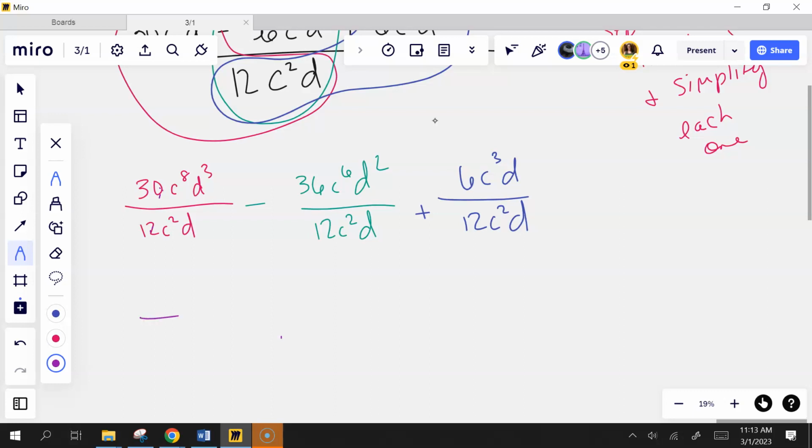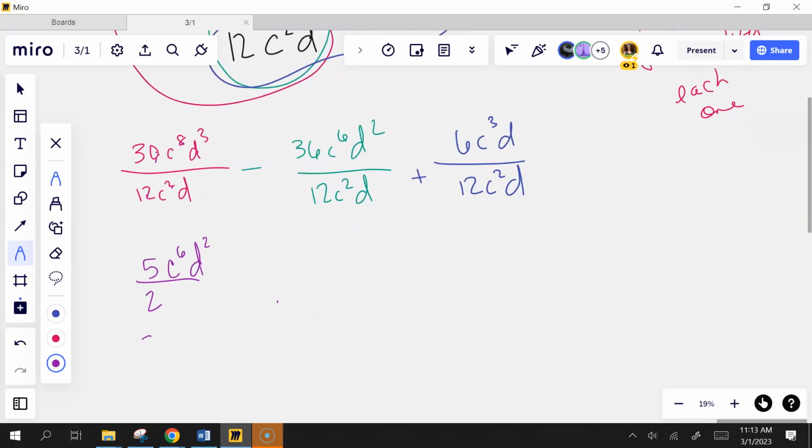It leaves me with 5 and 2. And then I start subtracting these exponents. 8 minus 2 is, and 3 minus 1 is, since my variables are all on the top, I can write this as 5 over 2 times c^6 d^2.